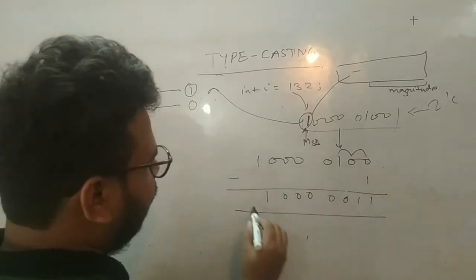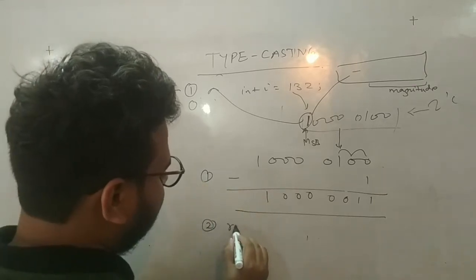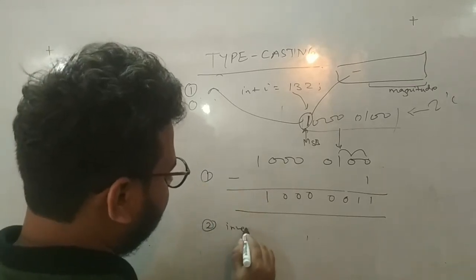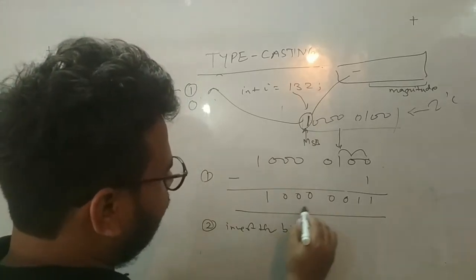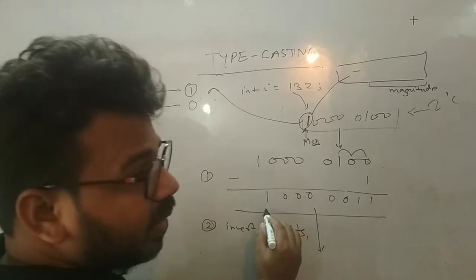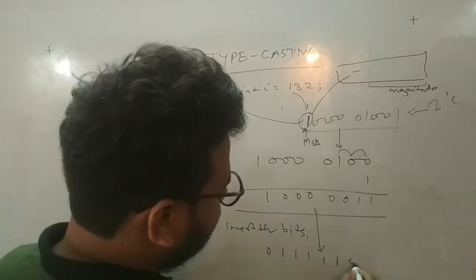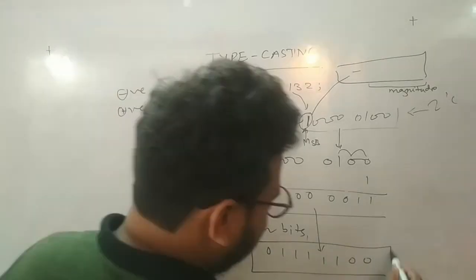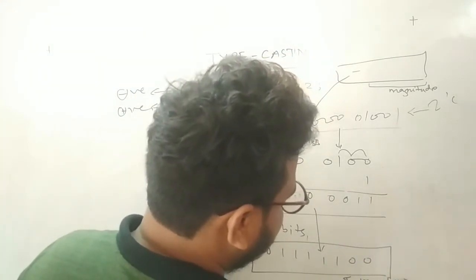So we have subtracted. Now we will invert the bits. How does inversion go? In case of 1 we will write 0, and in case of 0 we will write 1. So 0 1 1 1 1 1 0 0. This is the magnitude.